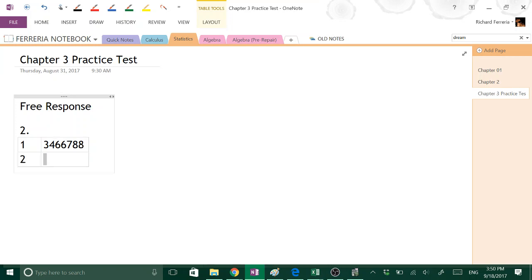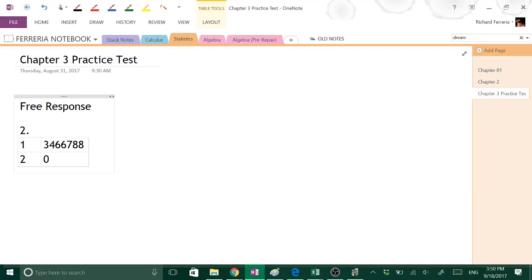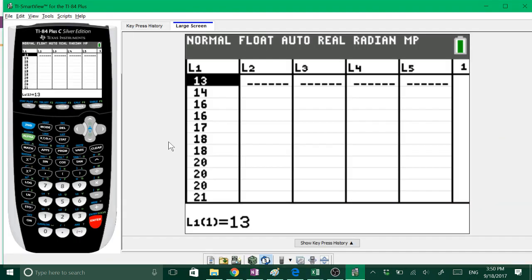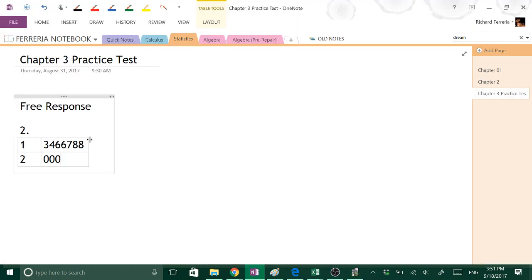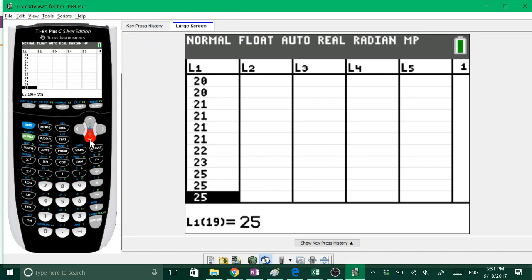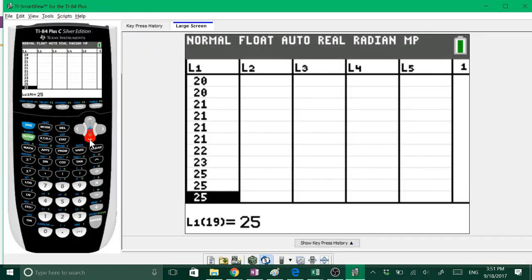Next one is the 2 stem. So how many do we have in 20s? We got 20, 20, 20. Let's scroll down. How many 21s do I have? 4 21s. How many 22s? 3 22s.